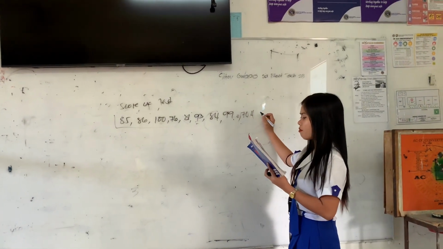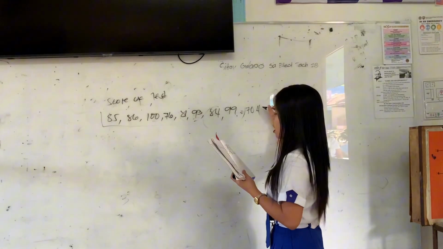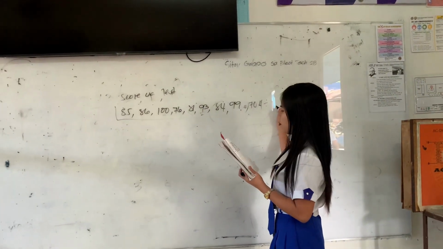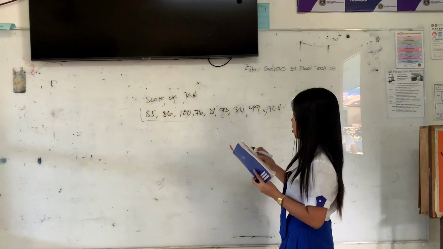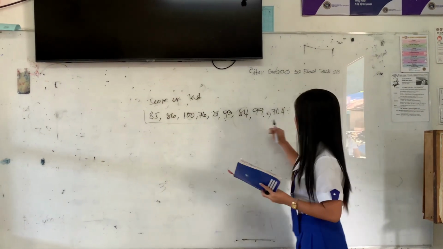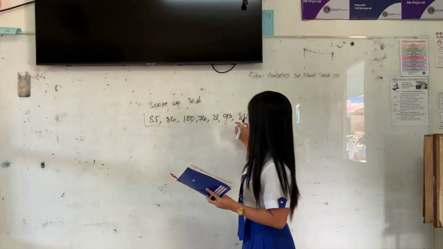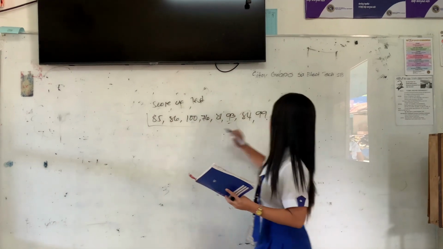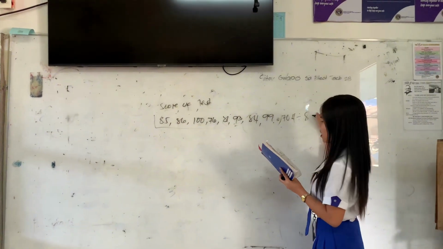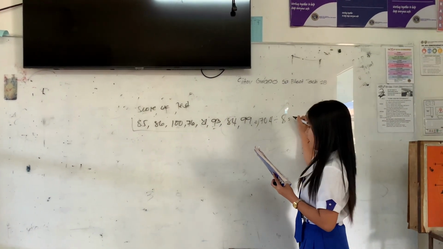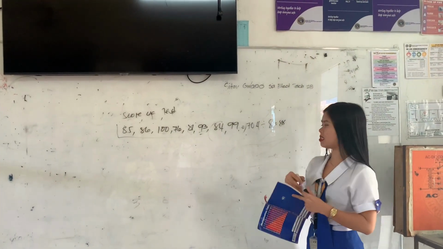And divide it by the number of scores. The number of scores were 1, 2, 3, 4, 5, 6, 7, 8. So 704 divided by 8 is 88. So our mean is 88.